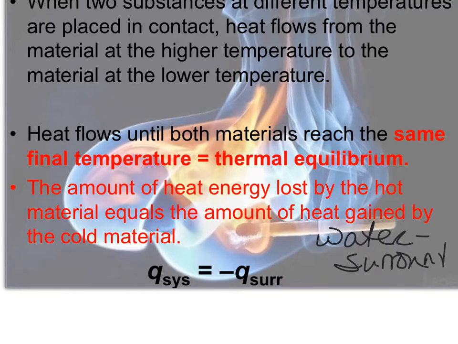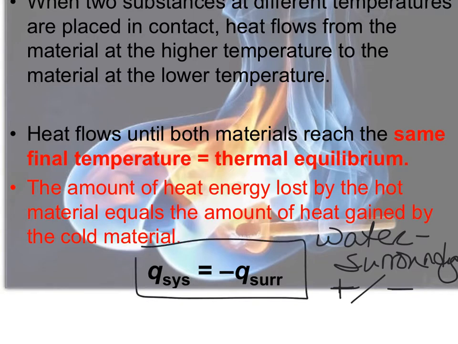And so whatever sign, plus or minus, you get for the temperature reading of water, you must take the opposite to understand what's happening to the system. So a way to express that mathematically is, remember, small q is heat. Whatever the heat change is for the system is equal in magnitude but opposite in sign to the heat change that has occurred to the surroundings.